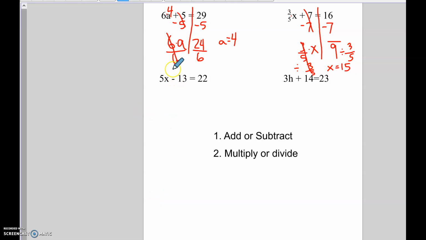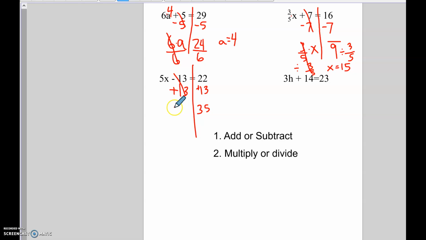Okay, one more I wanted you to look at is where it has subtraction here. So if you have subtraction, then you just do the inverse and add. It's always the inverse. Okay, the inverse will cancel out. 22 plus 13 is 35.